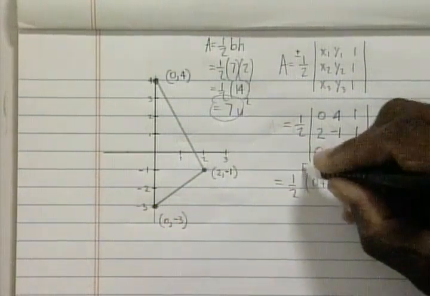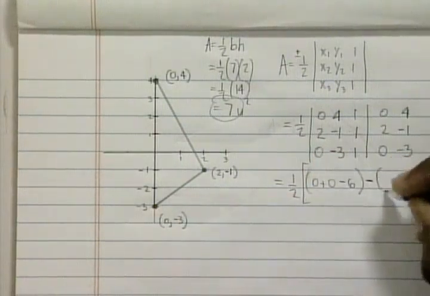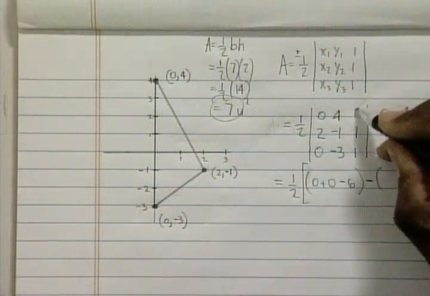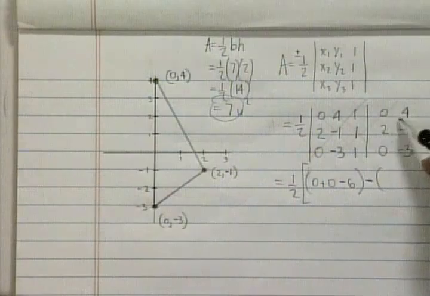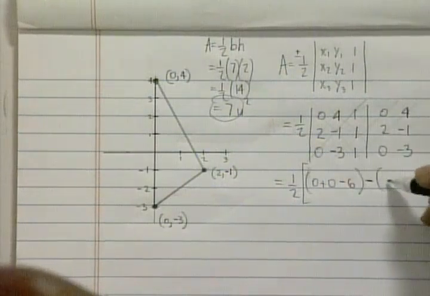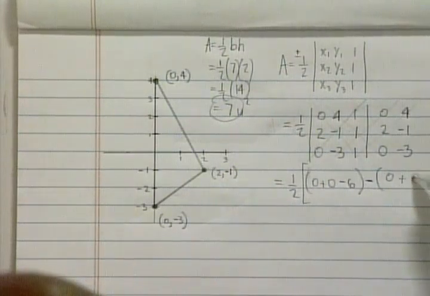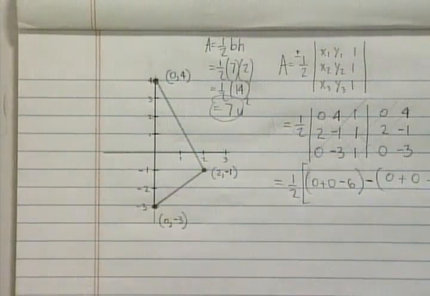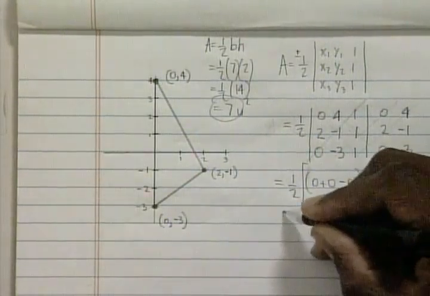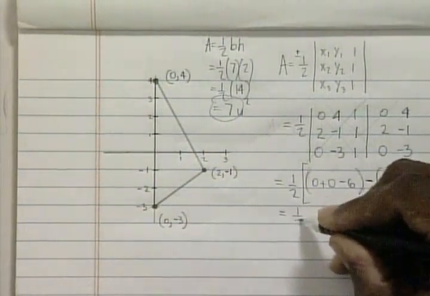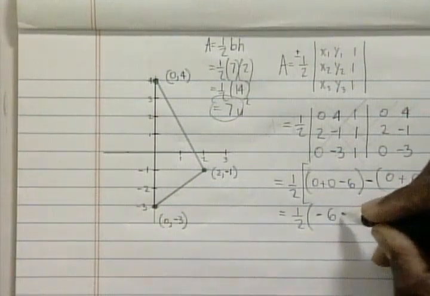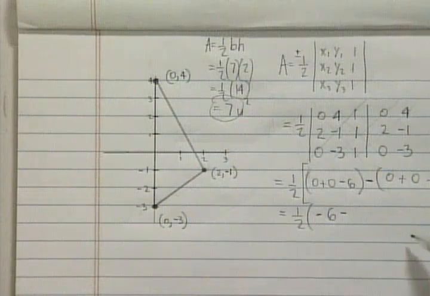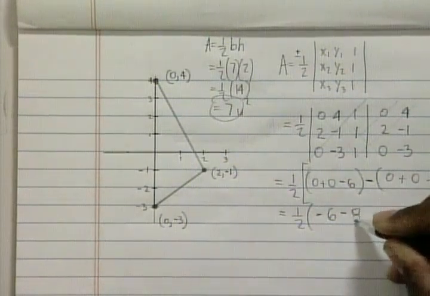And then what we're going to do is subtract some secondary diagonals. That product is 0. That product is 0. And then this product is 8. 0 plus 0 plus 8. And what you end up with is half times -6 minus 8.